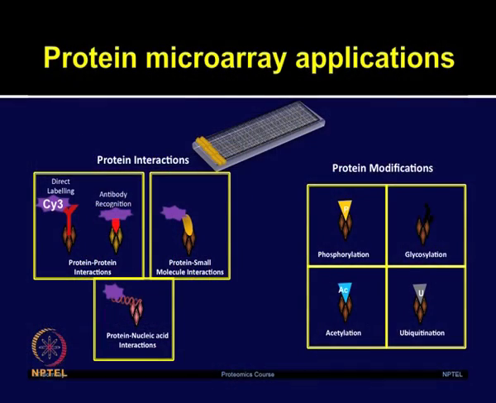As you can see in the slide, protein interaction networks, transcription regulation, DNA damage repair, antiviral response, and drug target identification are various types of applications which people have tried on protein chips. Similarly, studying kinase networks, dynamic functional regulation, as well as protein turnover and protein modifications have been done on protein chips.